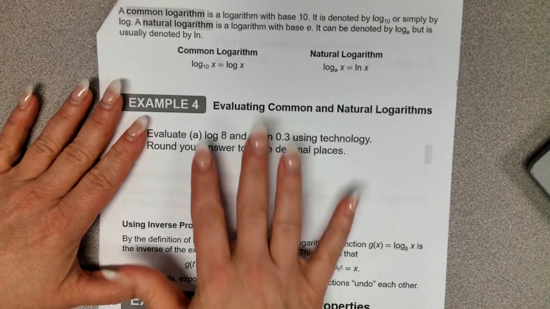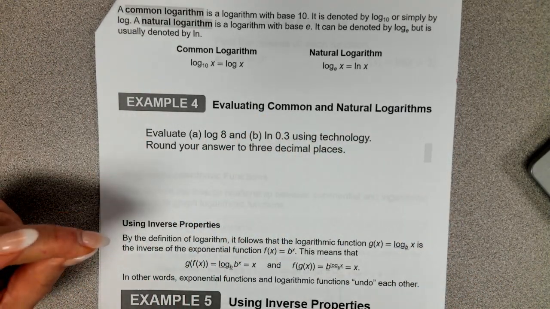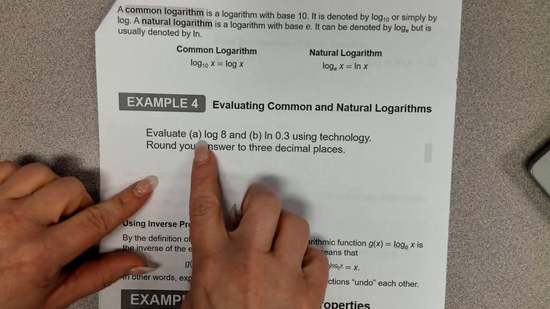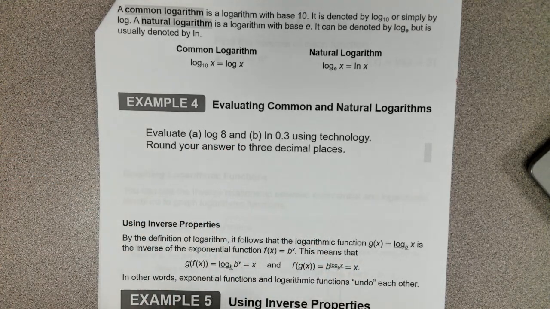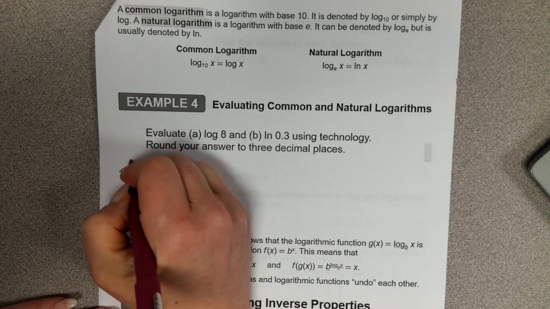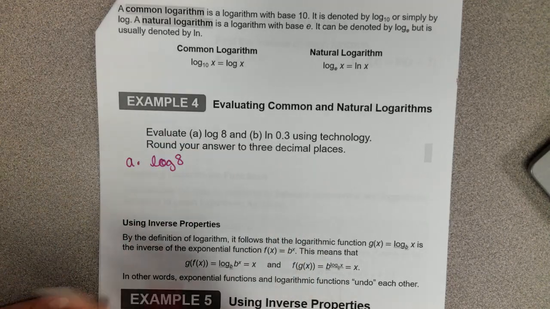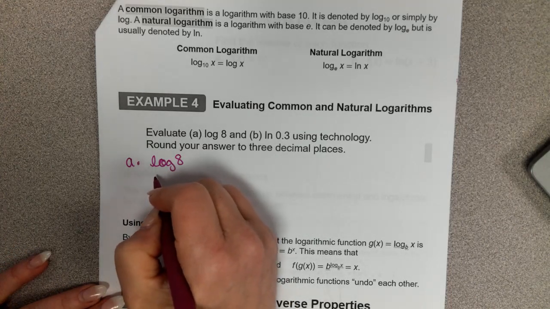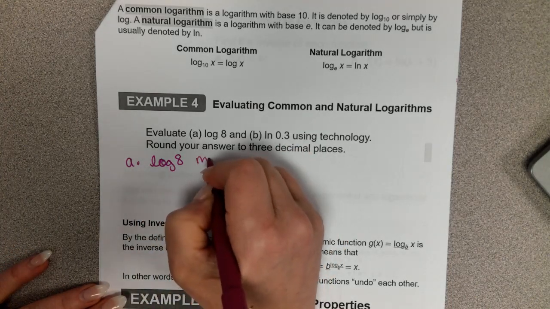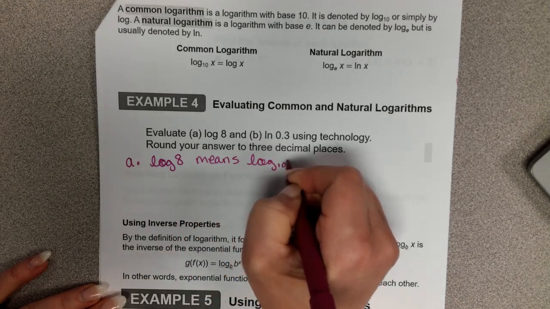And in those cases, a lot of times you have to use technology to determine that value. So for instance, here, we're going to find the log of 8. So option A asks us to find the log of 8. The thing to remember is that that means log base 10 of 8.